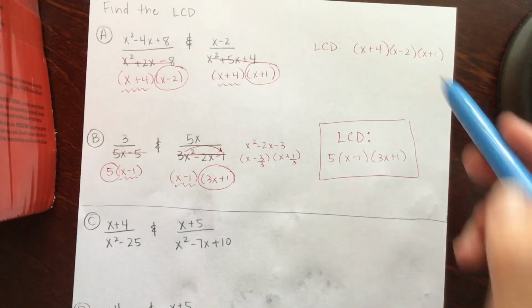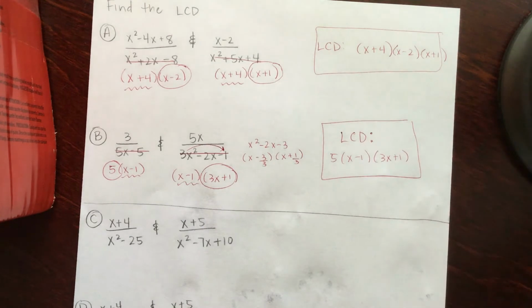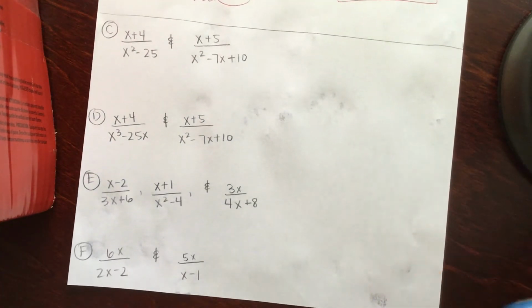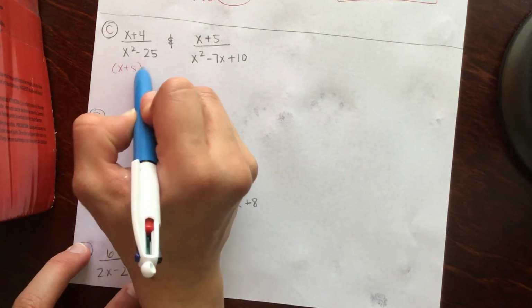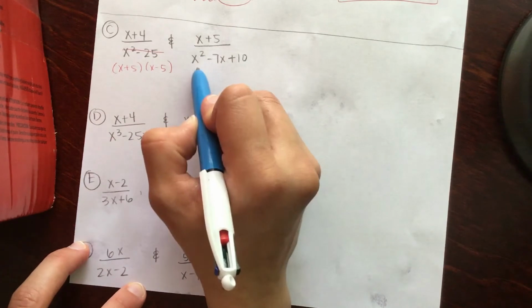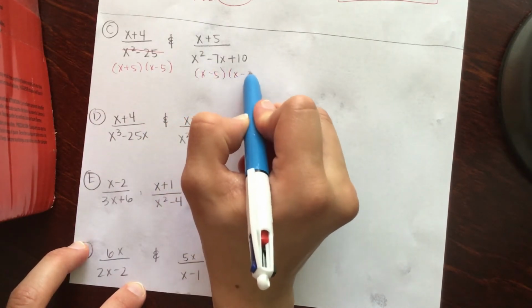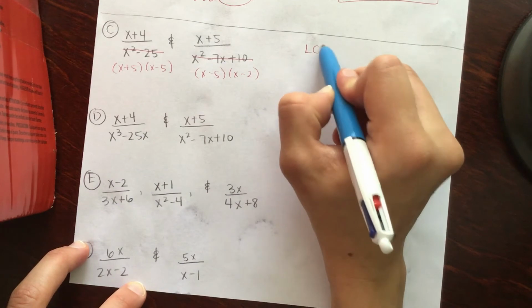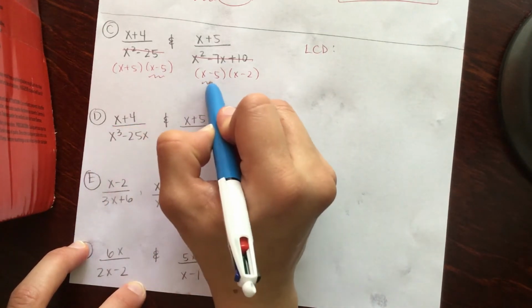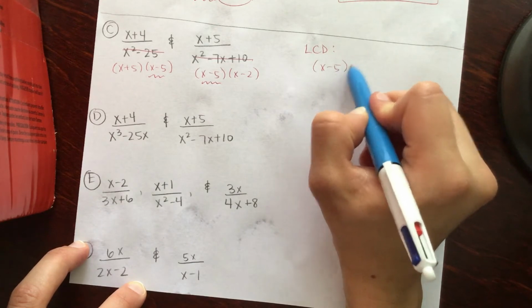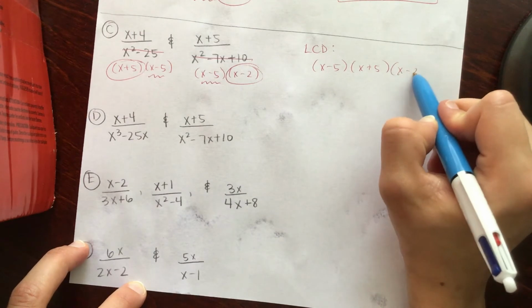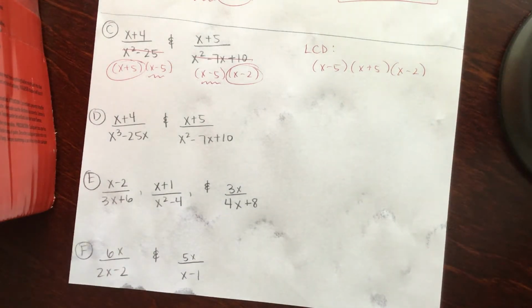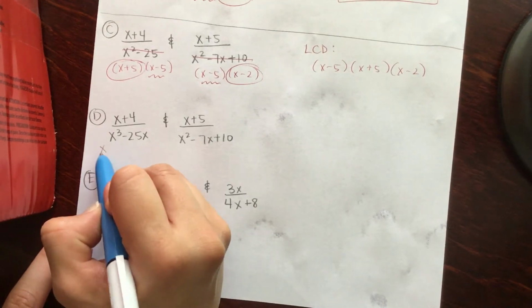You may want to pause the video to try these next 4 problems. I'll work them quickly for you too. Example D is almost the same, but before I use a difference of squares, I pull out an x.